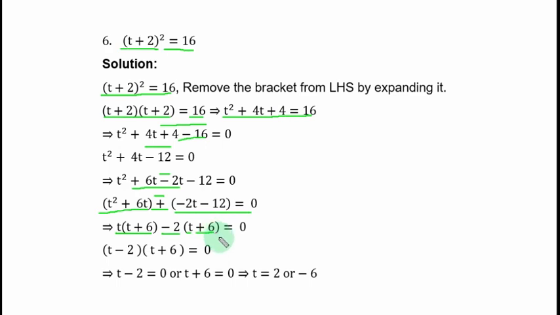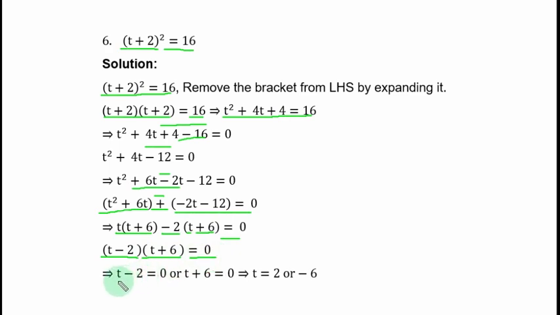You equate everything to 0. You say that t plus 6 is common. When factored out, you have t minus 2 in one bracket, then t plus 6 that is common. You equate everything to 0.